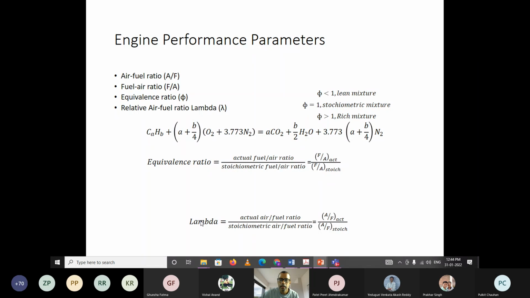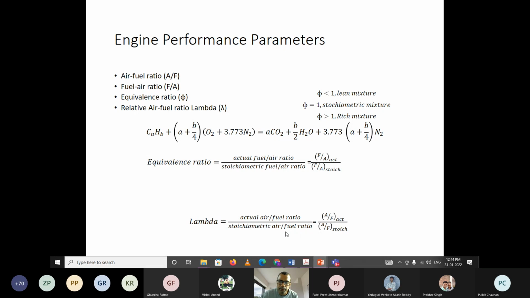Okay. Let us talk about lambda. If lambda is coming 1, what does it mean? If you are measuring the fuel and air, you have calculated the stoichiometric air-fuel ratio.